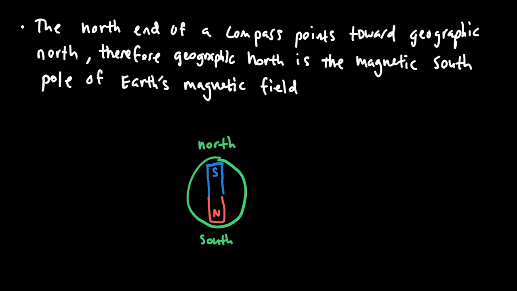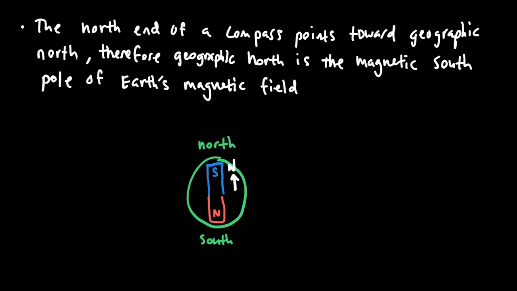Now I'd like to just mention a little bit about Earth's magnetic field, and that is, if I take a compass and I take it out, the north end of that compass will point toward the north geographic pole.